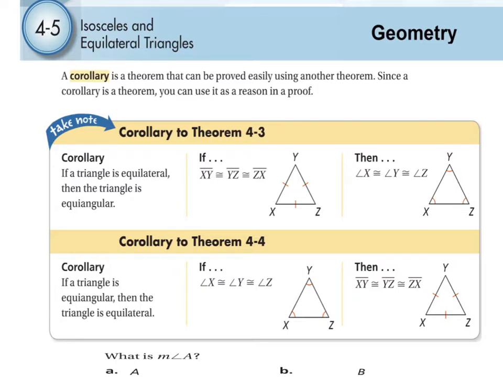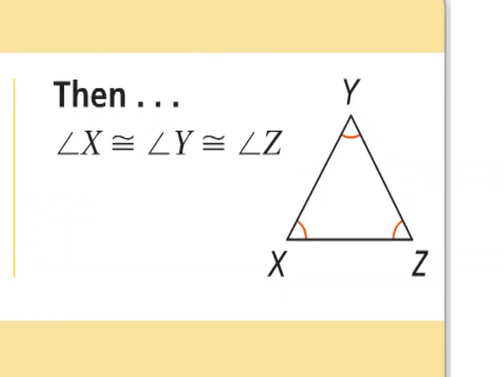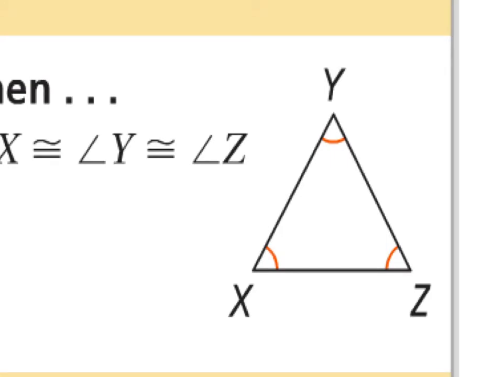Let's talk about this real quick. If all three angles are the same, and I don't know the measure, we'll call each one x. So they're all going to be x, x, and x. I know that all three of those angles have to add up to 180. It's a regular triangle, right? So in other words, 3x is equal to 180.